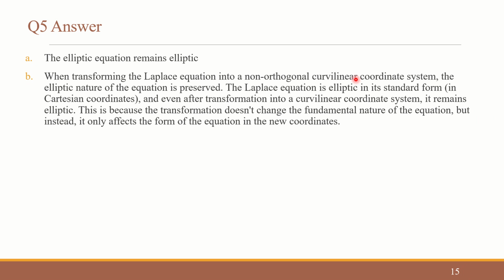The Laplace equation is elliptic in its standard form in Cartesian coordinates, which we have seen in a few classes before as well, and even after the transformation into a curvilinear coordinate system, it remains elliptic.